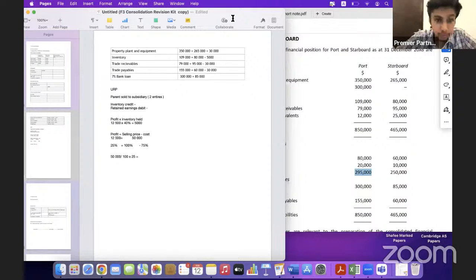Because there are different methods of doing consolidation. That's why I'm asking you that question, because I don't want to confuse you. The balance 20%, what do you do with that? In the method that you were taught, do you take that to the NCI working?